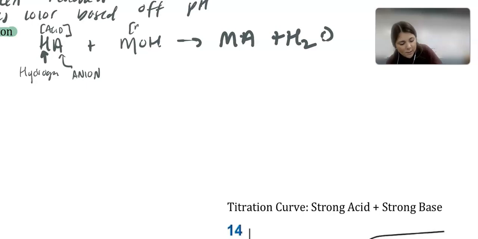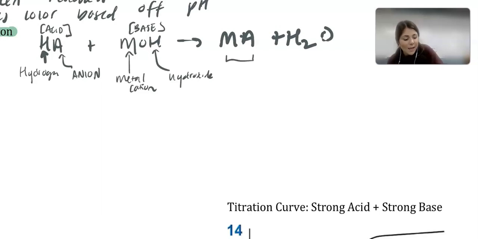Then the MOH will be our base. The M will be some metal cation. OH is hydroxide. And then we get the MA, this will be our dissolved salt, AQ. So here, the metal cation and also the A anion will form that salt, okay? And then we also, of course, will be making water because it is a neutralization reaction.